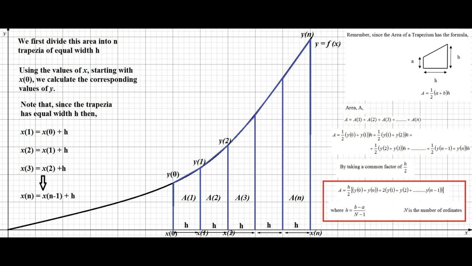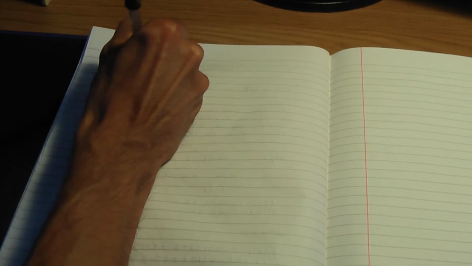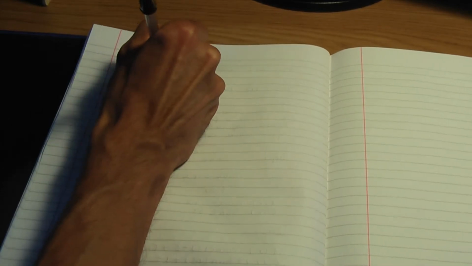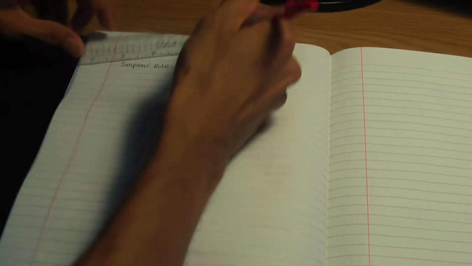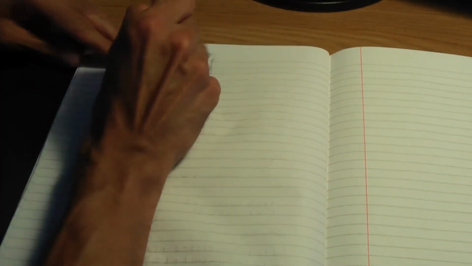So back to the paper and pen. Let me explain another rule. Here's another method for numerical integration known as Simpson's rule. Let me take a ruler and a red pen and underline this.